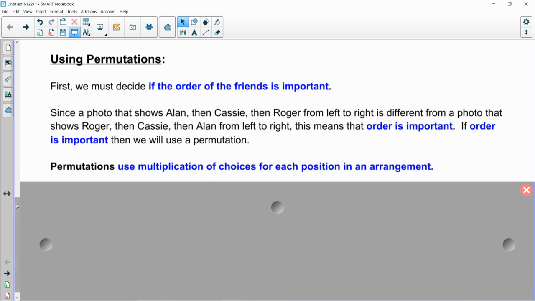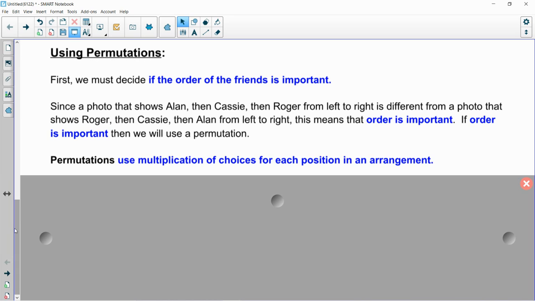permutations use multiplication. So that's a real simple sort of overview of permutations. Yes, they use multiplication. There's a lot of other little detail things that go into permutations. And we're going to spend some time both today, tomorrow, and then when we get back after the break talking about permutations, because there's a wide variety of questions.